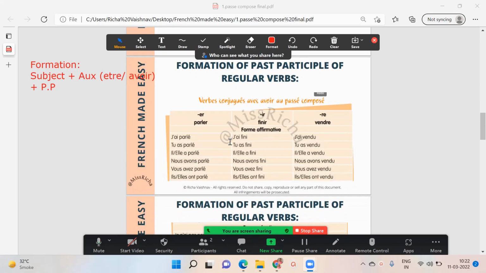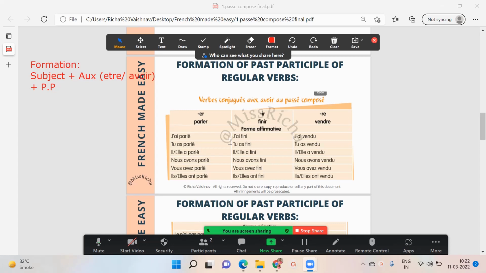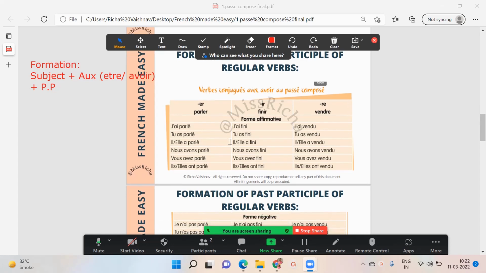Now coming to the formation of the conjugation in Passé Composé. So this is how it will be conjugated. If you have the verb parler, j'ai parlé. It means I spoke or I had spoken. Understand that in English we have I spoke, I had spoken, I drove, I had driven.